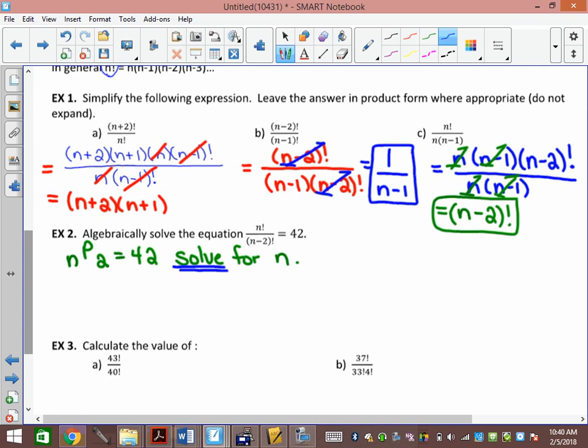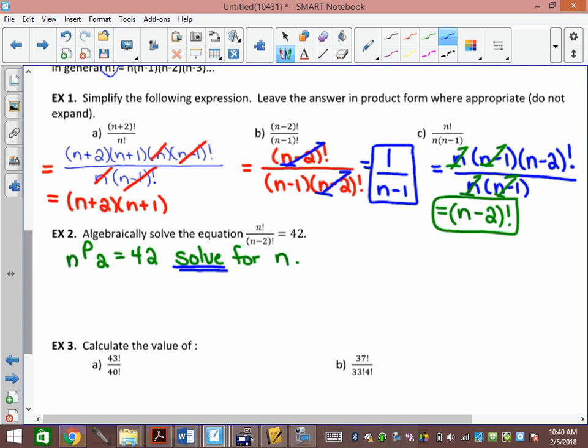Okay? So we're going to try and figure out what the heck n is. Did I have to say solve for n? No, I could just say solve, and that means for n. Okay? So n factorial over n minus 2 factorial, which one's bigger? N factorial. We're going to expand it to try and get rid of the other one.